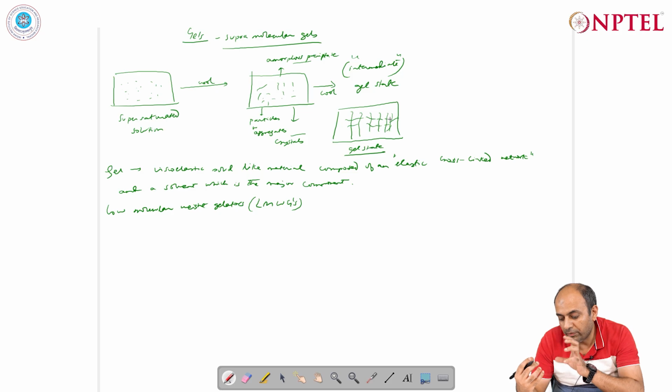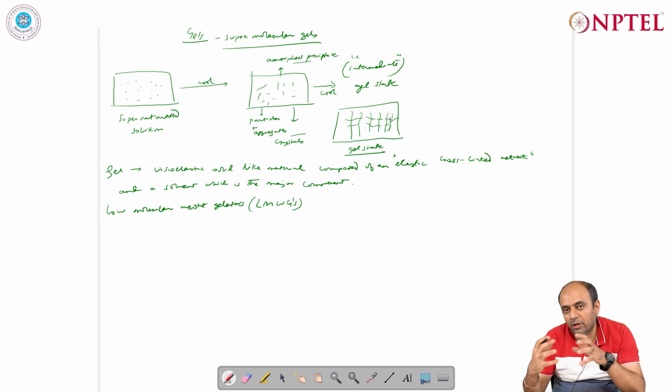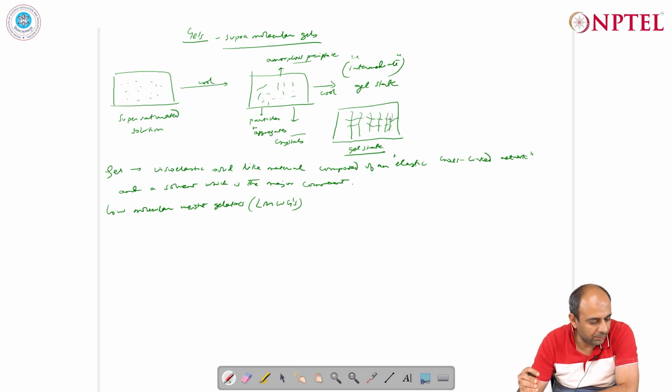Once these low molecular weight gels are formed, almost the majority of it is the solvent, and some amount of it is the low molecular weight gelating substance.